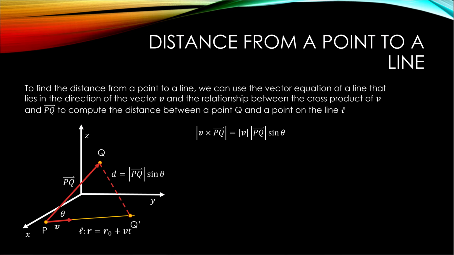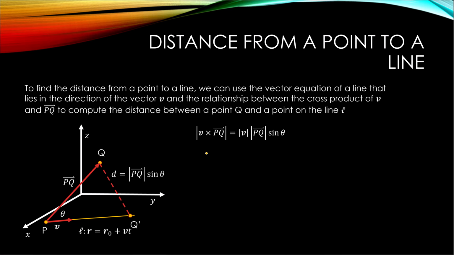Notice that when I construct my two vectors pq and v, and then I draw a dotted line from a point q at the end of pq to the line in the direction of the vector v that intersects at q prime, that distance given through trig is equal to the magnitude of PQ times the sine of theta, which is the angle between PQ and V.